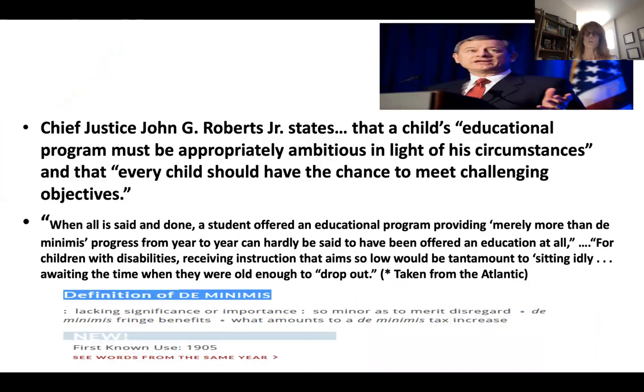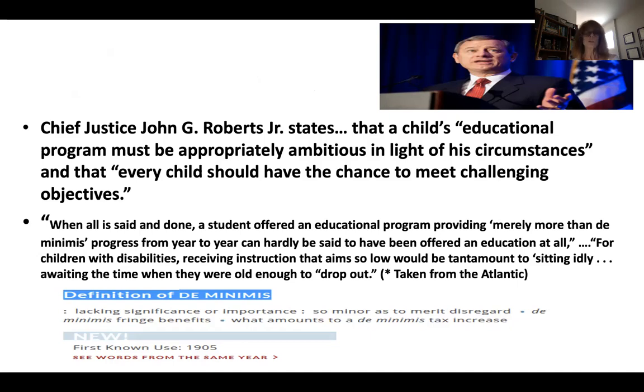So Justice Roberts took the mantle of writing the opinion, and he felt that a child's educational program must be appropriately ambitious in light of his circumstances, and that every child should be given the chance to meet challenging objectives.